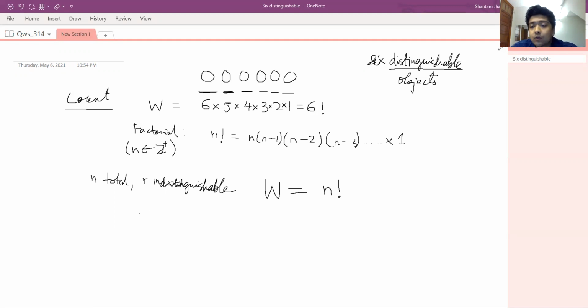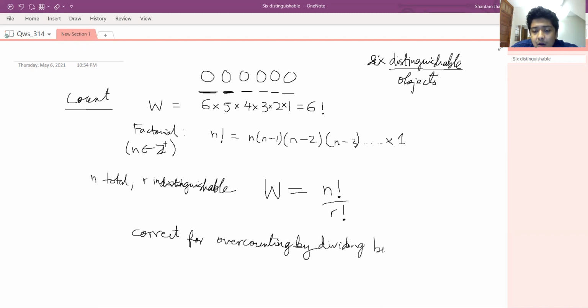And so, to account for overcounting, I divide by r factorial. Correct for overcounting the indistinguishable, in other words, the same looking objects, by dividing by r factorial.